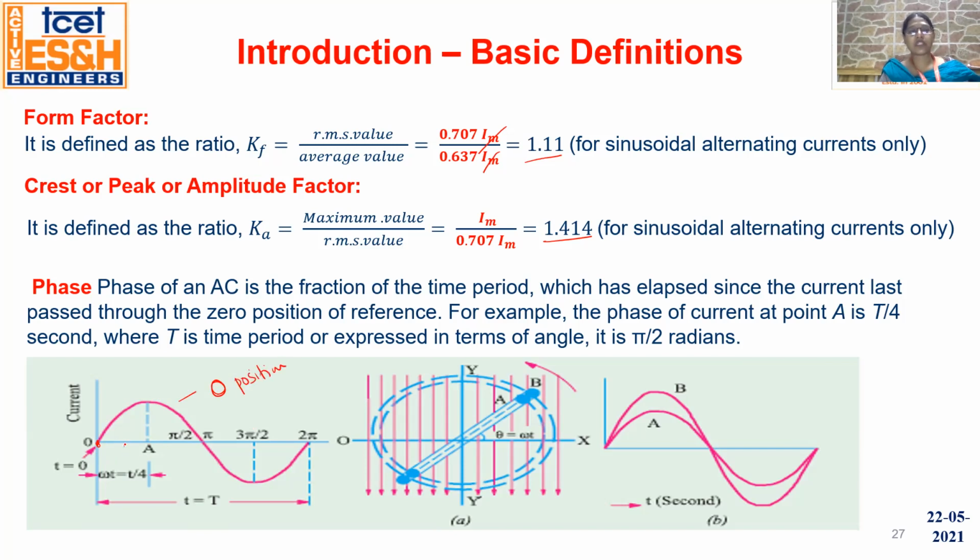If your waveform starts from here, then it has some angle or some time to start. If your waveform starts from here, it has a phase at omega t equal to pi by 4. If your waveform looks like this, then it means same phase.